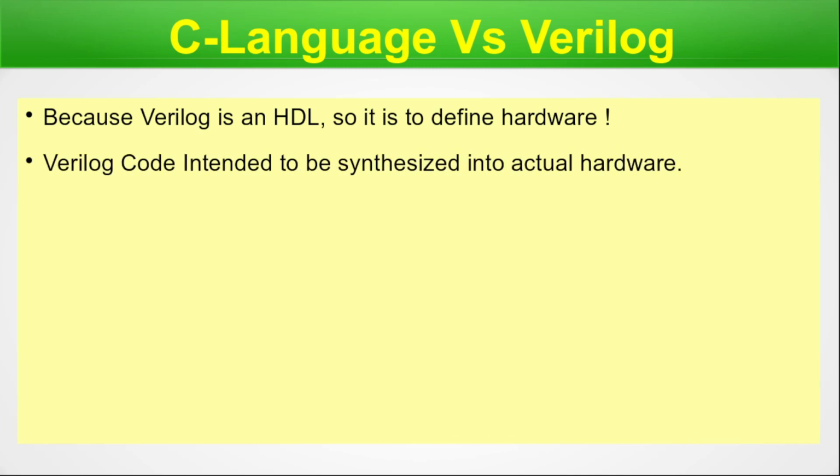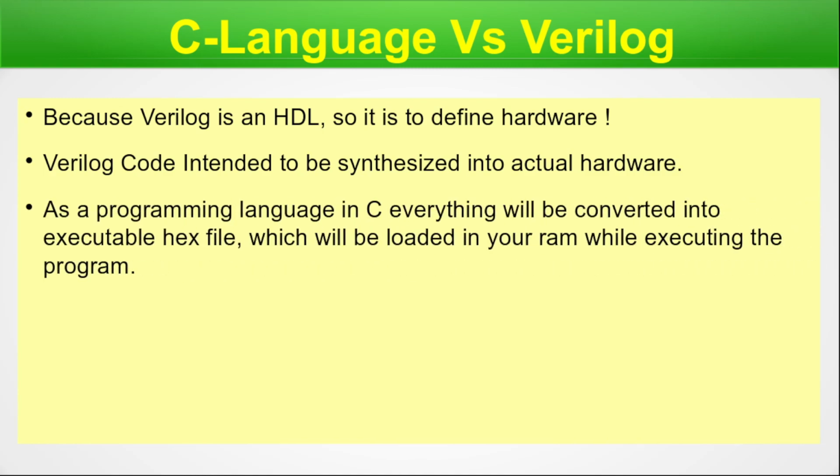Verilog code is intended to be synthesized into actual hardware, actual chip, that is actual IC. As a programming language, C is everything to be converted into an executable hex file, which is to be loaded in your RAM while executing the program. So this is the fundamental difference of the Verilog code and the C code.